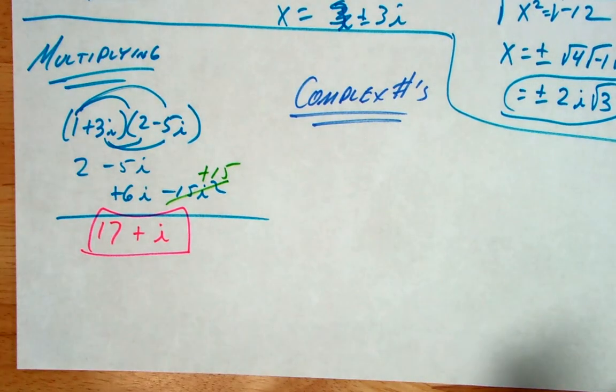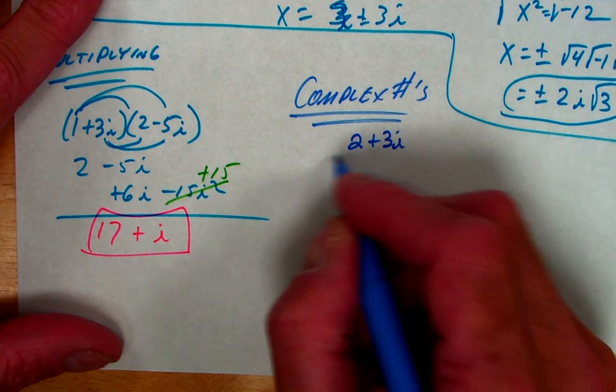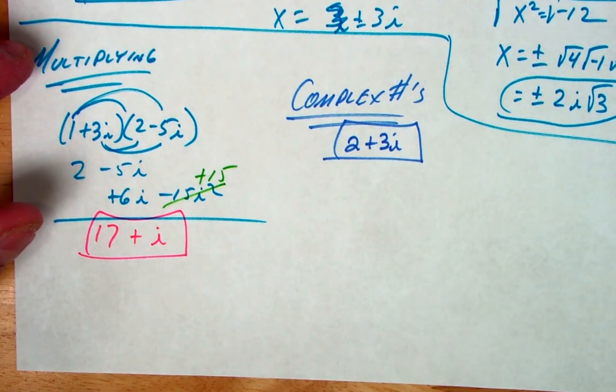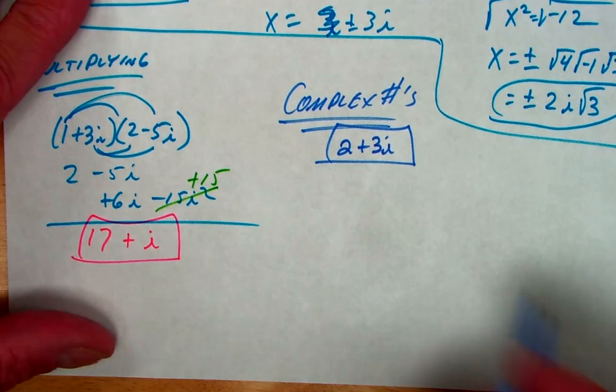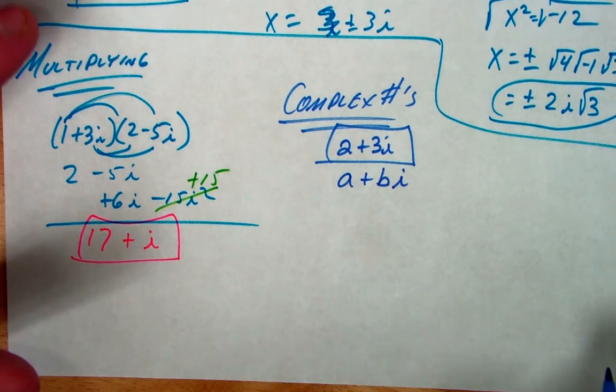We're okay. So, a complex number is something like 2 plus 3i. It's more involved than what we've dealt with before. Technically, a complex number is of the form a plus bi.